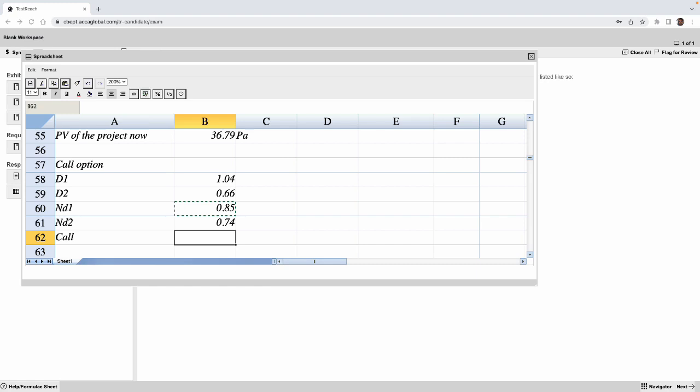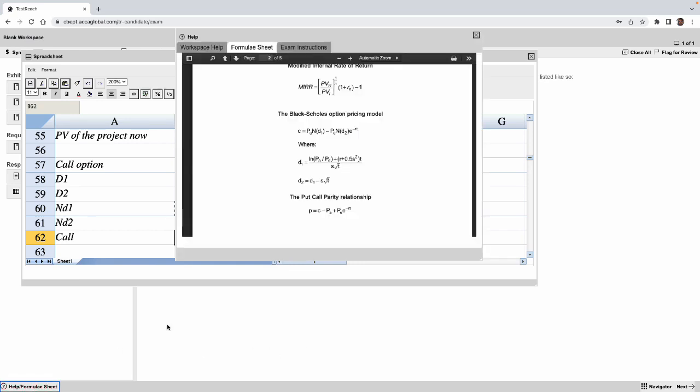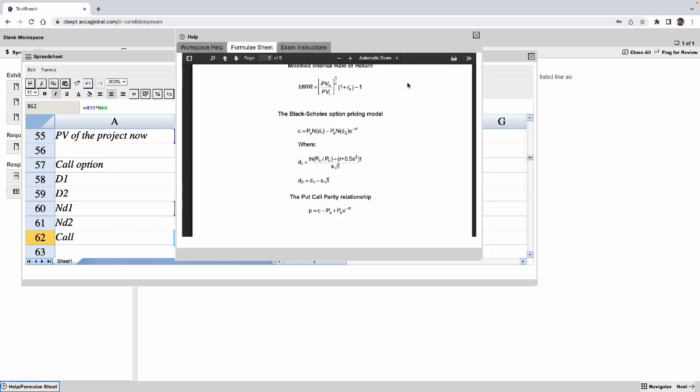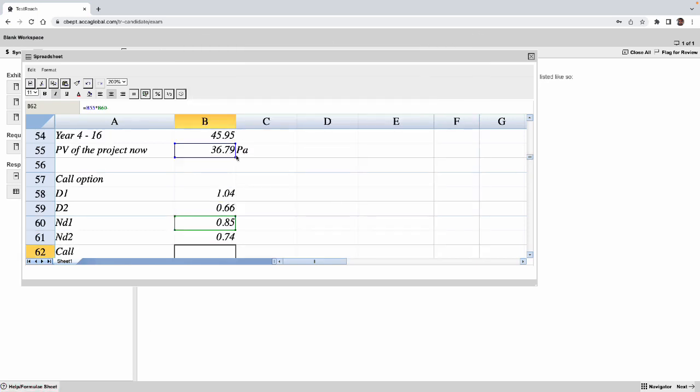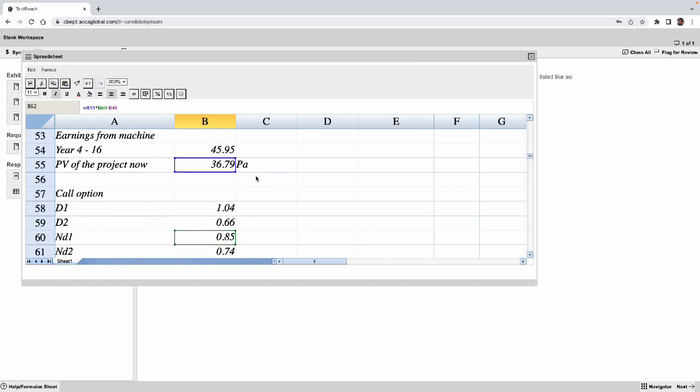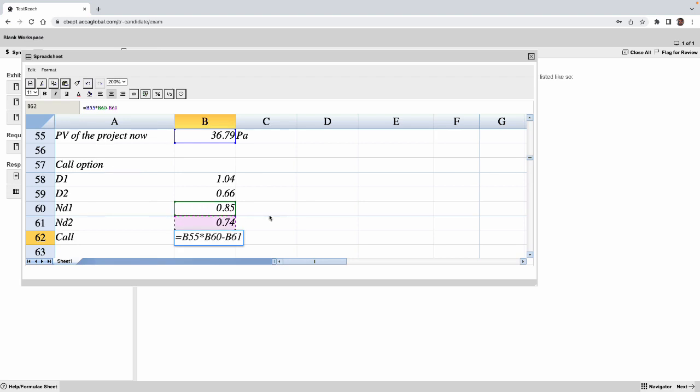So the last one you got is going to be PA times N(d1) minus PE times N(d2).